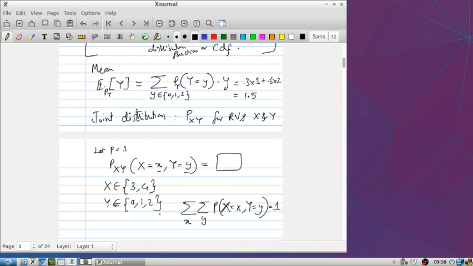If they were continuous, I could have written integration over x, integration over y of p of x is equal to x, y is equal to y, dx dy, and this should be equal to 1.